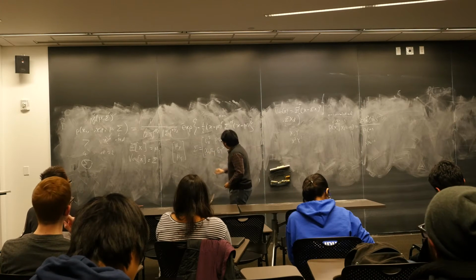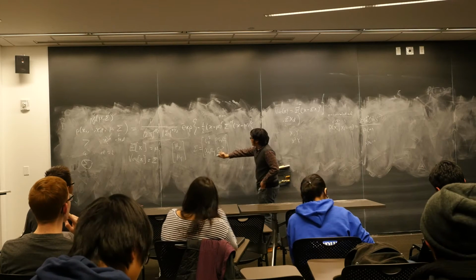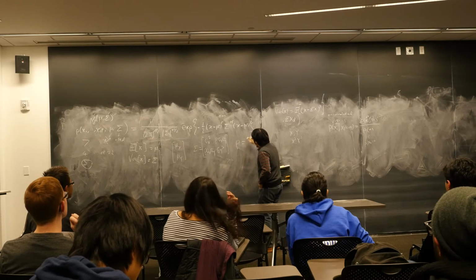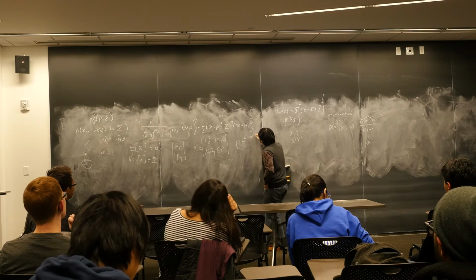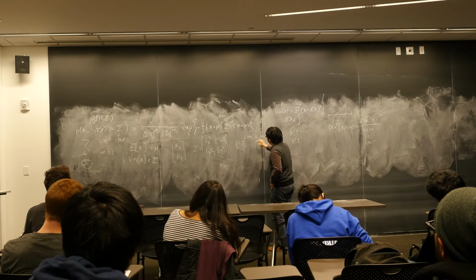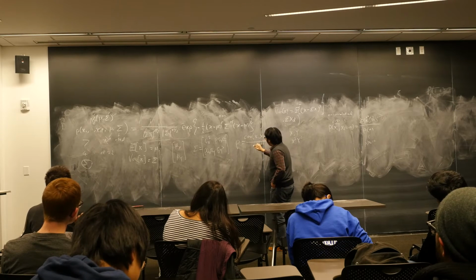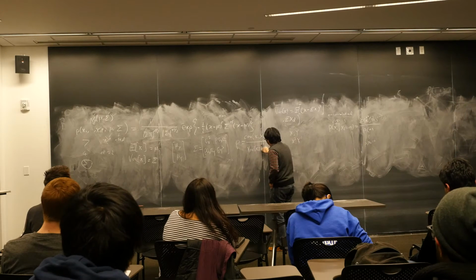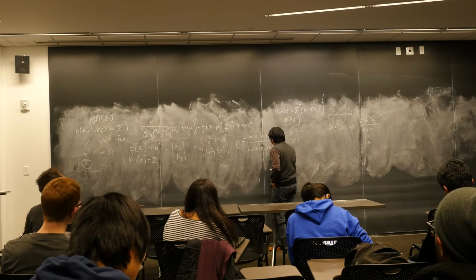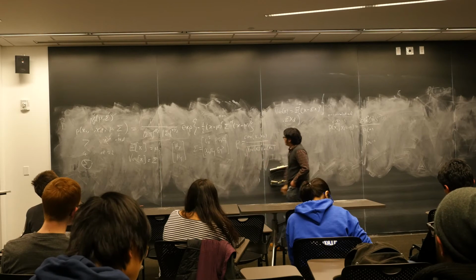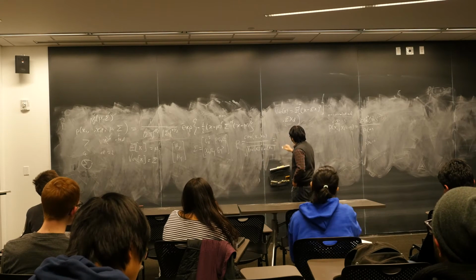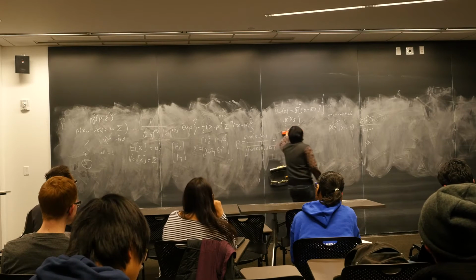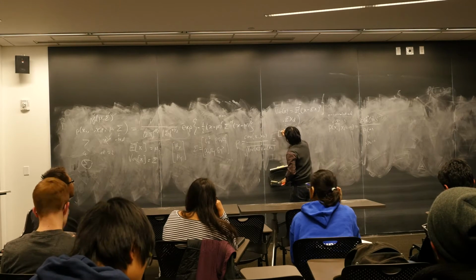So this rho is actually very interesting. If you write out rho, it will be defined as the covariance of x1, x2 divided by the square root of the variance of x1 and the variance of x2. This covariance, remember, we defined it as an expectation.